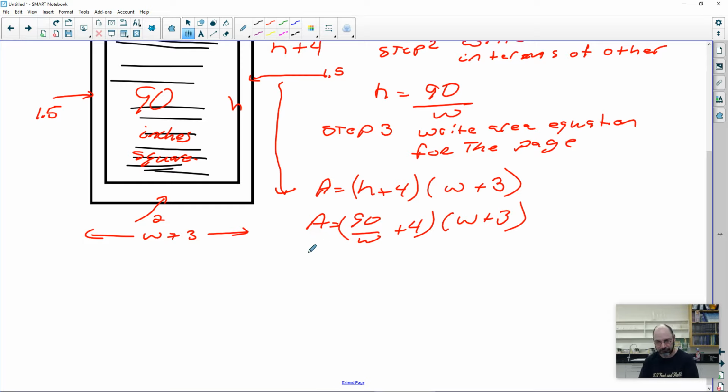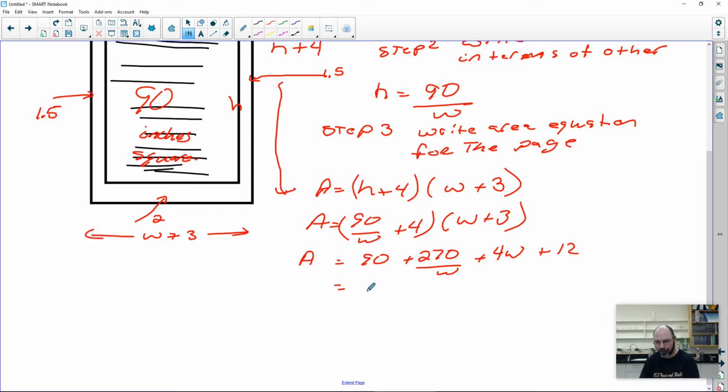It's a little easier. So area, okay, 90 times W divided by W is 90. 90 over W times 3 is 270 over W. Four times W is 4W. And 4 times 3 is 12.